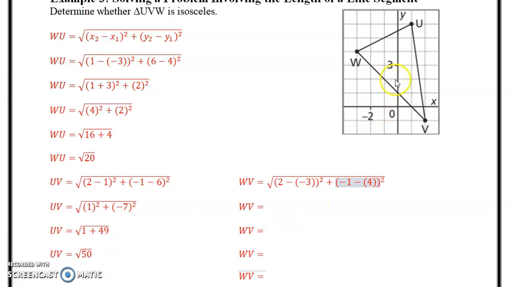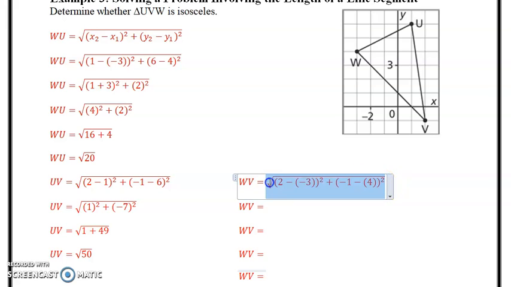So now we'll look at the distance of the line segment of the side WV. We'll calculate that and see if it's equal to the square root of 50. So we'll plug that in. x2 is 2, x1 with the W point is -3, and then we have -1 and -4.